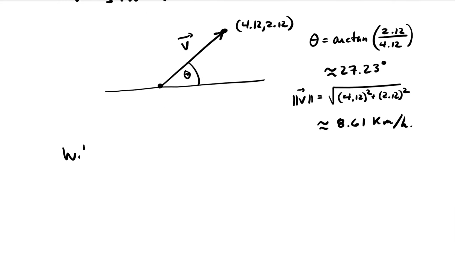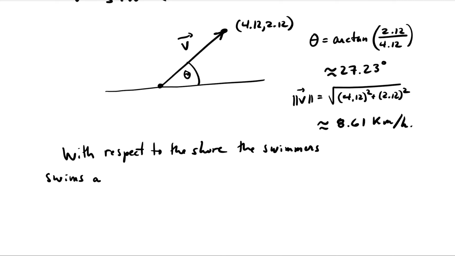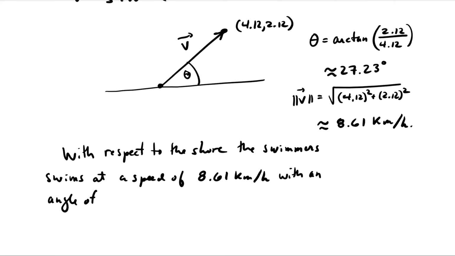So finally, with respect to the shore, the swimmer swims at a speed of 8.61 kilometers per hour with an angle of 27.23 degrees.